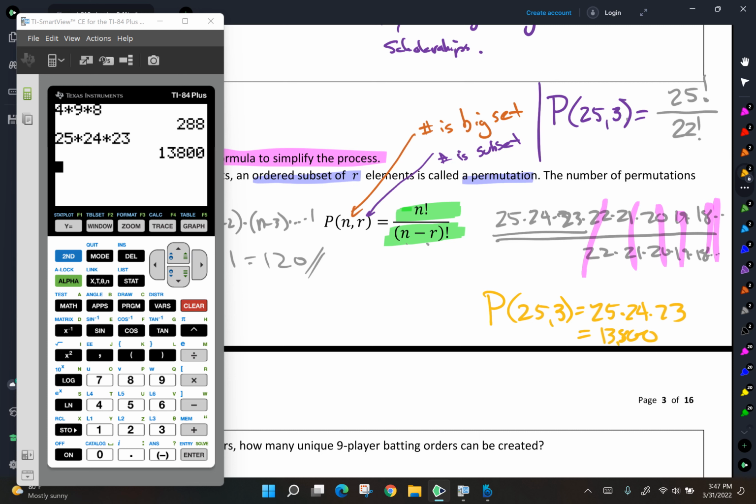All right. Now here's the really nice thing. The good people at TI had expected that you would want to do permutations, so they built it in. It is a built-in function on your calculator. Right? The only trouble is the notation that the book uses and the notation that TI uses are two different things. TI would write it like this, 25 nPr 3.